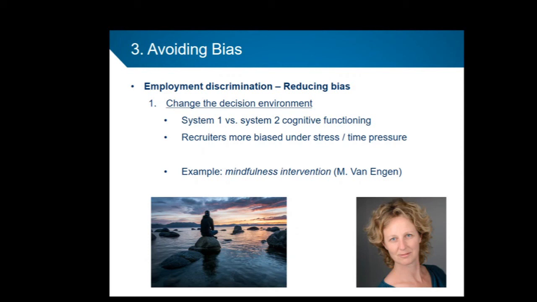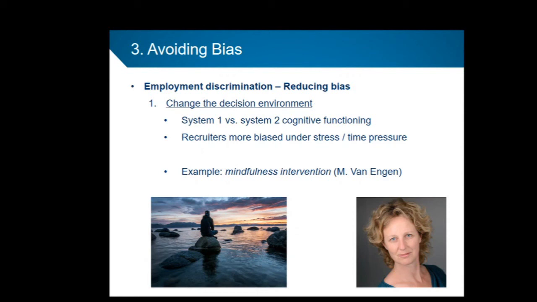So first is changing the decision environment. Now, from previous courses in psychology, you might know that people have two cognitive function systems. On the one hand, they have a more intuitive system, so this is system 1. And on the other hand, they have a more cognitive system. When people have more time and more resources, they use the more cognitive system.